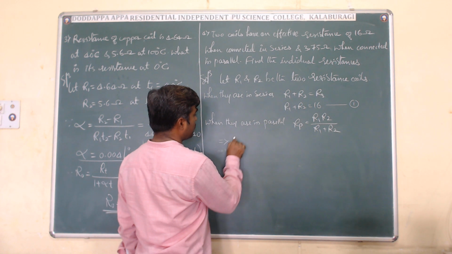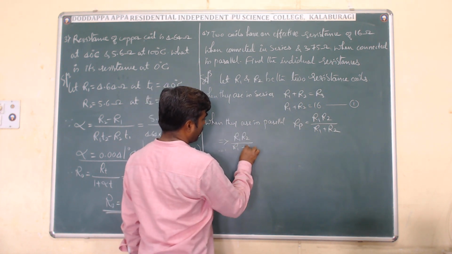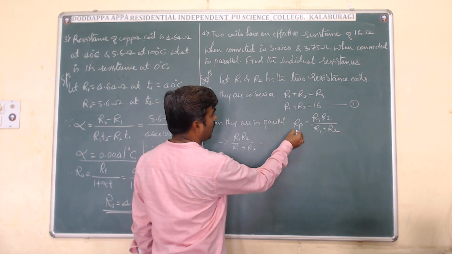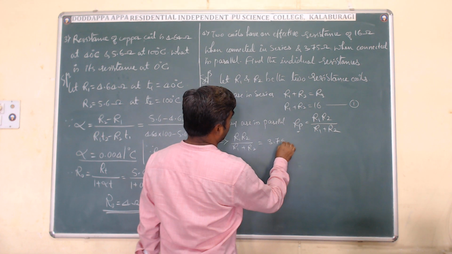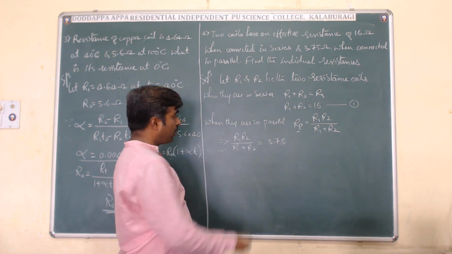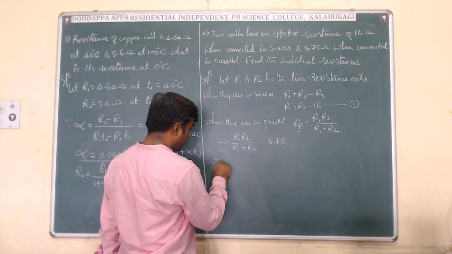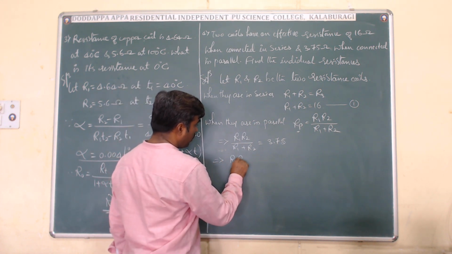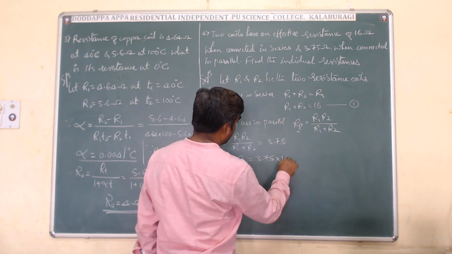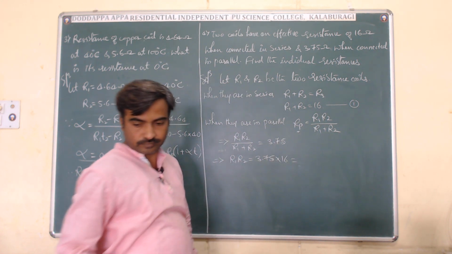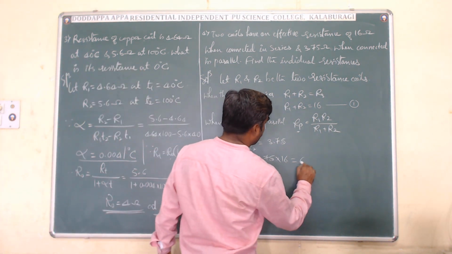Hence I can write R1 into R2 divided by R1 plus R2 is equal to 3.75. But we already know R1 plus R2 is 16 ohms. Hence R1 into R2 is equal to 3.75 times 16, which gives you 60 ohms.